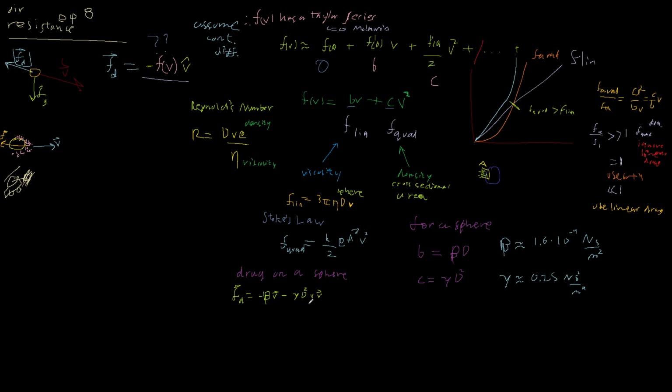And if you're not sure what happens here, notice this v hat. V squared times v hat is equal to v times the v vector, because the v vector is equal to v times v hat.